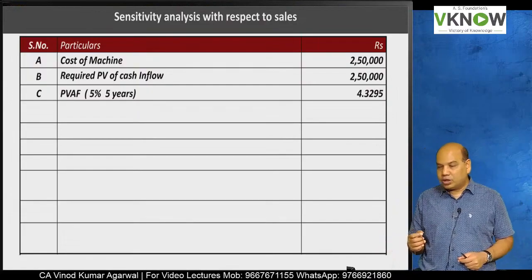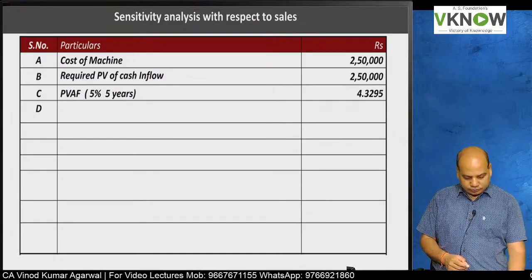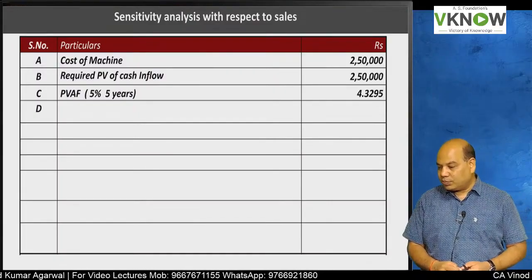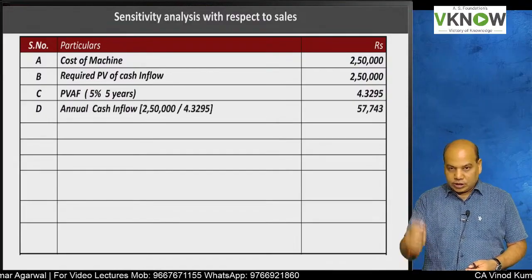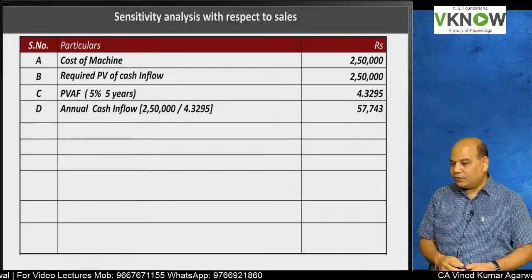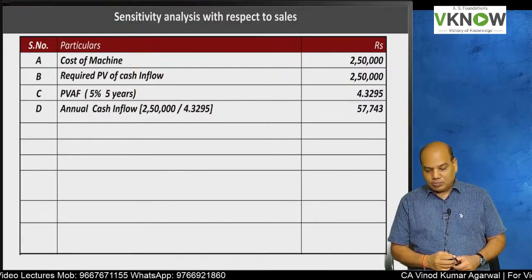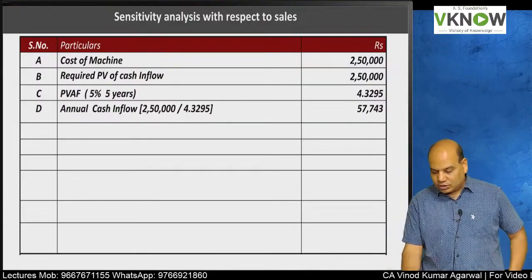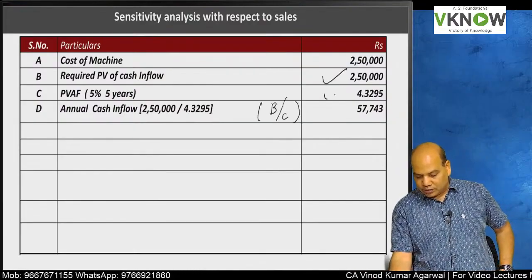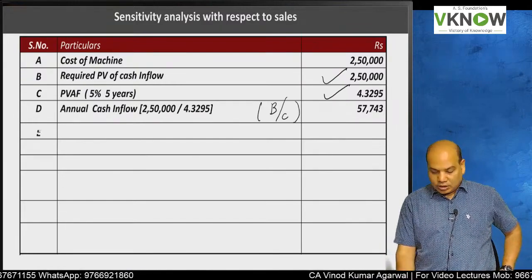Already we have computed that. 4.3295. Therefore annual cash inflow required, B divided by C, is 57,743.